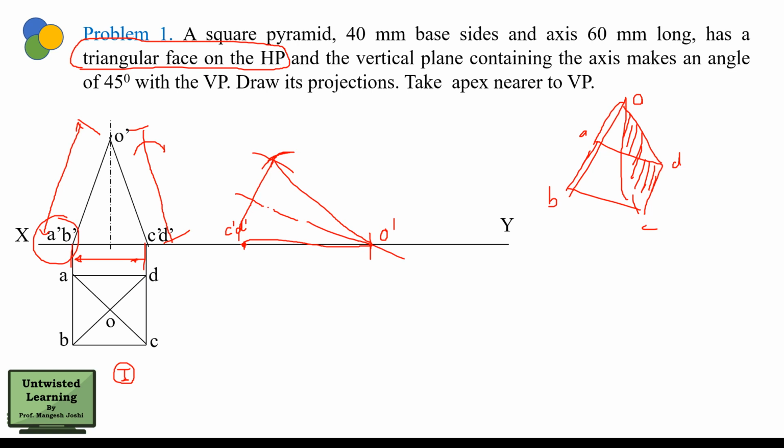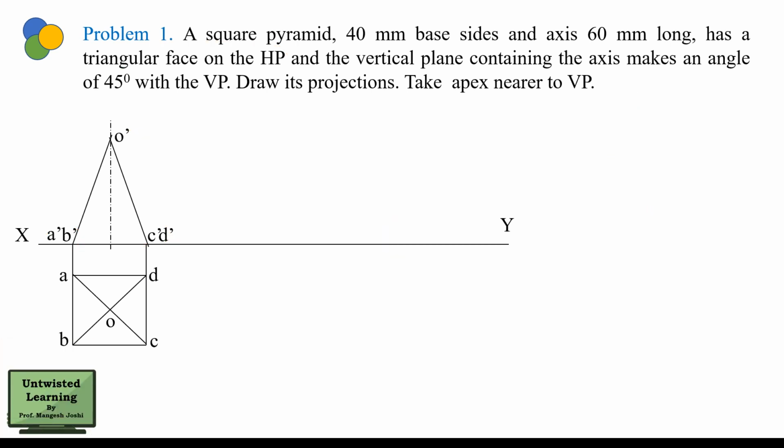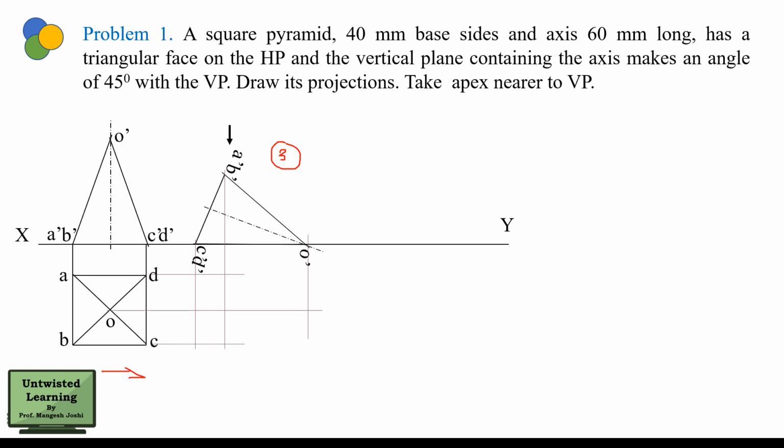So this is the resting condition. So you can see you have inclined or kept the triangular face of the square pyramid on the horizontal plane. Now this is the third diagram. To obtain the fourth diagram, first project all the points downwards and transfer locuses from the first diagram, right?